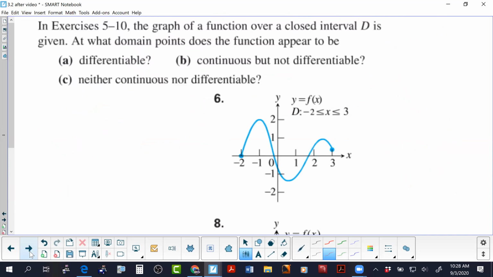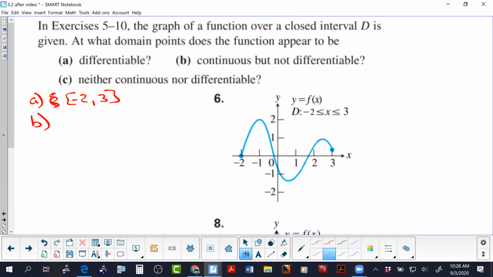The graph of a function over a closed interval D is given. At what domain points does the function appear to be differentiable? So where is this differentiable? From -2 to 3. I don't see any place where there's a corner or cusp or discontinuity.